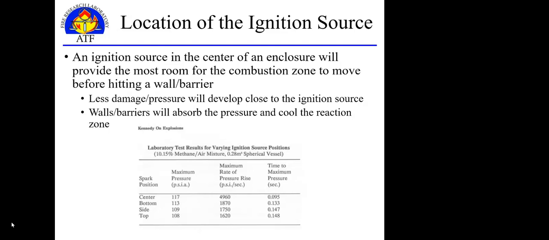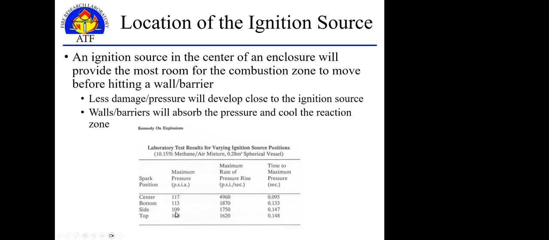And so you can see, if I've got a spark, my highest pressures are generated with the spark in the middle of the enclosure, and the maximum pressure rise or rate of pressure rise here is almost 2 or 3 times higher than everything else. If I put the ignition source at the bottom, I still have the ability for that combustion or reaction zone to move from the bottom of the compartment up.